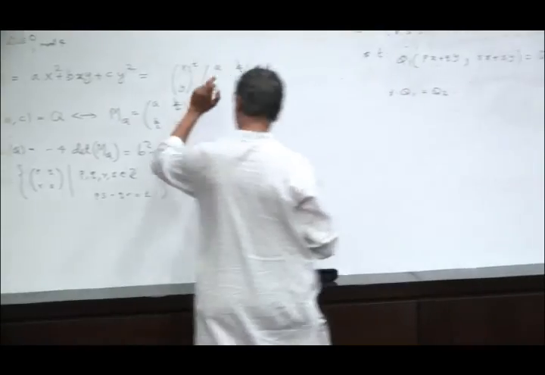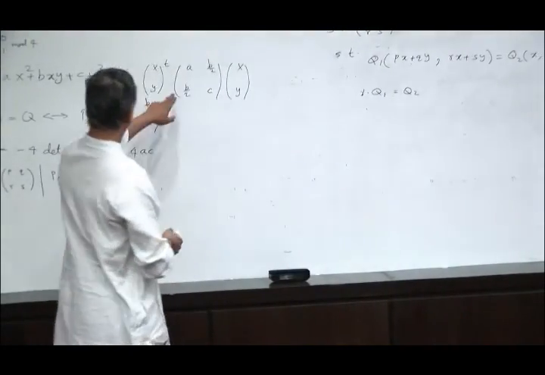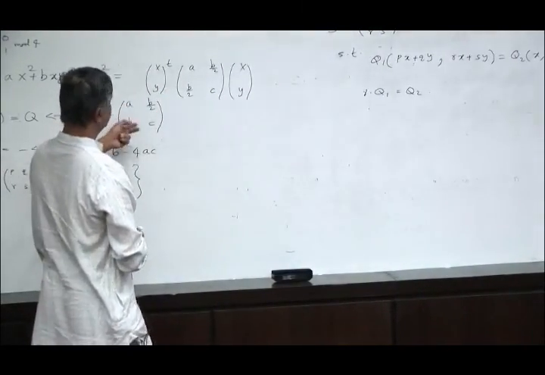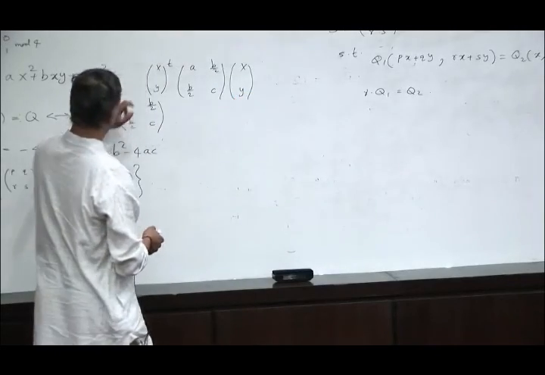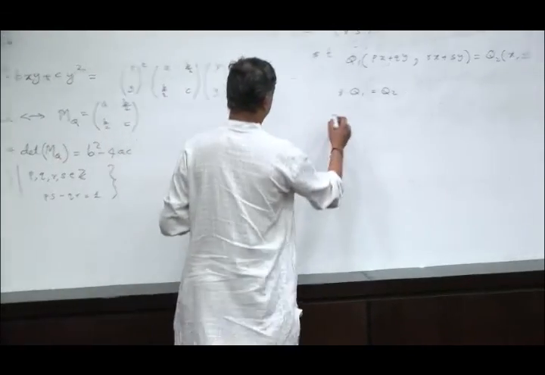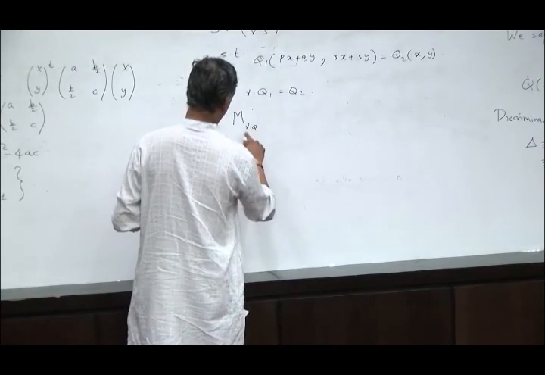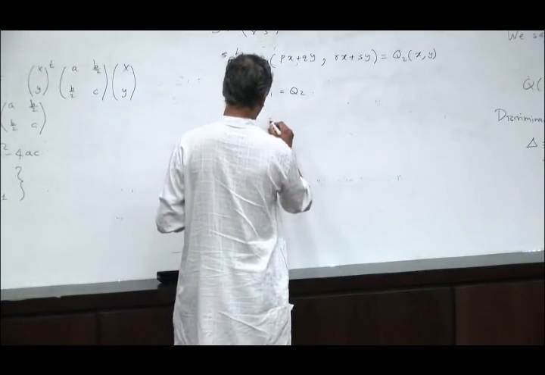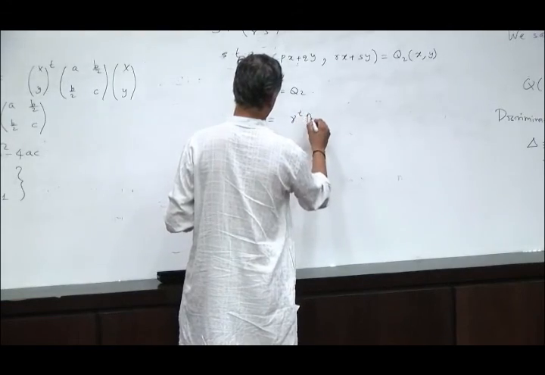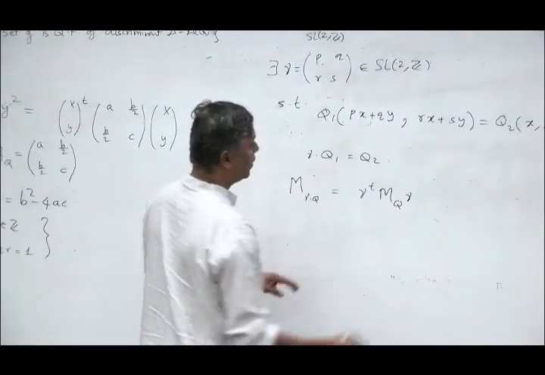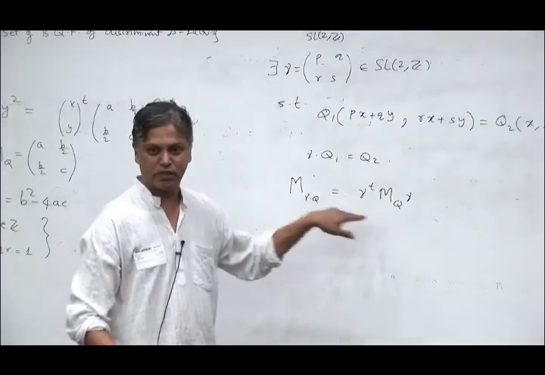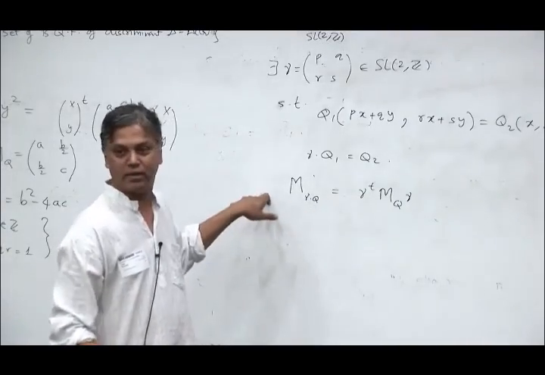It can be easily checked because the determinant comes out and there is a transpose. So the relation will be: m of gamma acting on q will be the same as gamma transpose times m of q times gamma. Check this. If this is not good, then put the gamma on the other side.